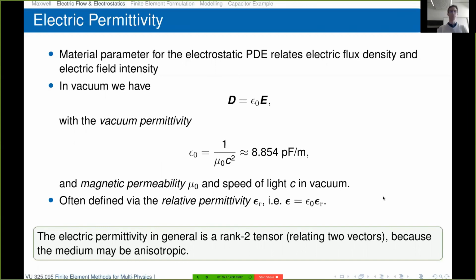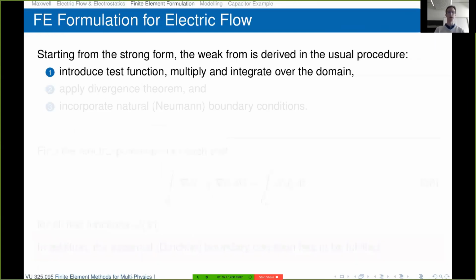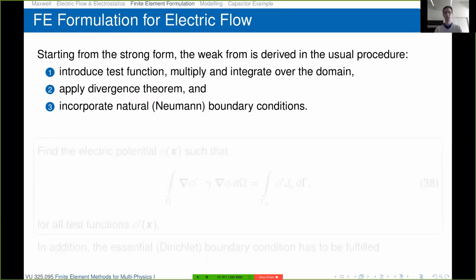Okay, so now we're ready to derive the finite element formulation for electric flow. First, the procedure is as usual. We introduce a test function, multiply and integrate over the domain. We apply the divergence theorem and incorporate Neumann boundary conditions. So if we do this, it is equivalent to the heat equation.